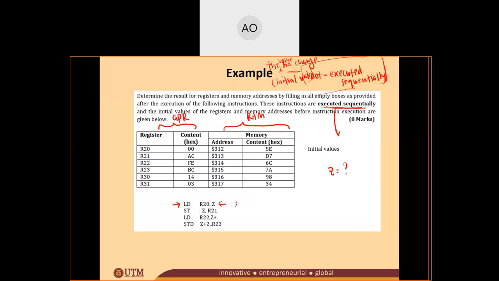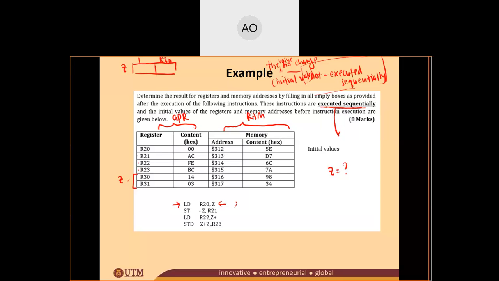Every time you come across this kind of question, first you need to identify your pointer register. This is your GPR: R20, R21, R22, R23, and this one R30 and R31. So this one is actually your Z pointer register. The Z pointer register is 16 bits wide, a combination of R30 and R31.